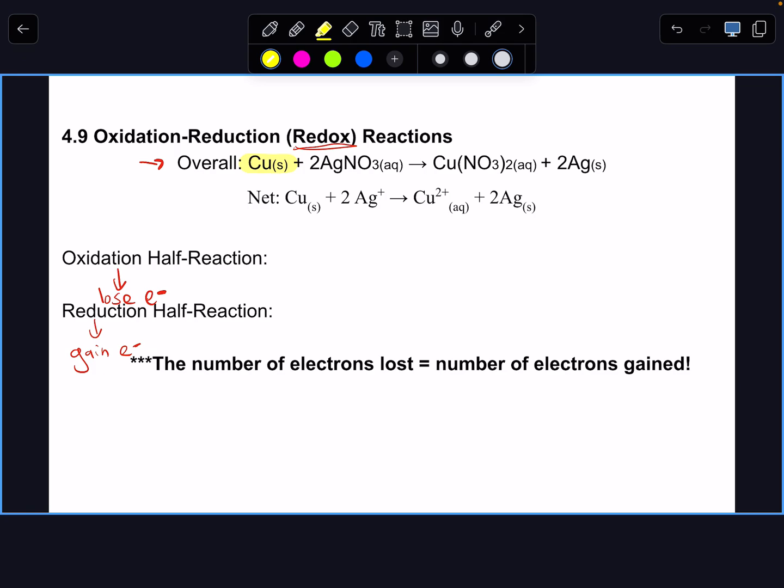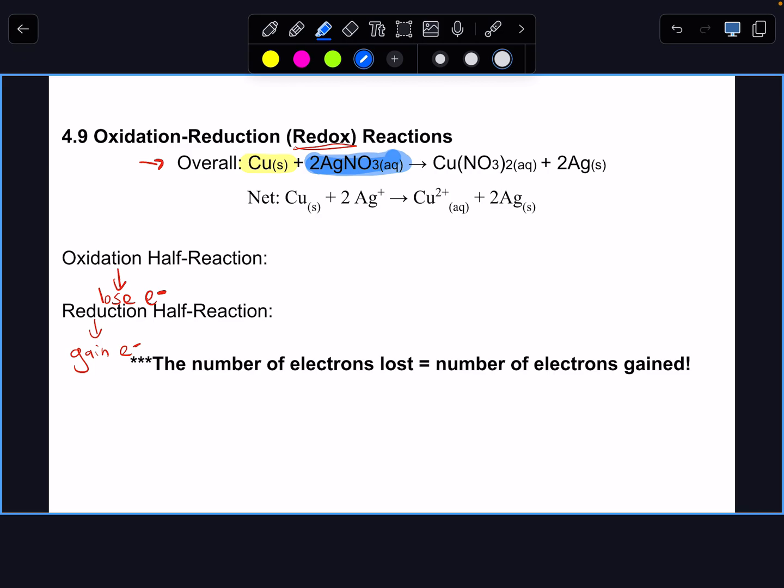I'm going to be reacting it with this thing, which you may not know its name, but what should you know about it? It's aqueous, so how's it going to look? In water, right? So this right here is called silver nitrate.